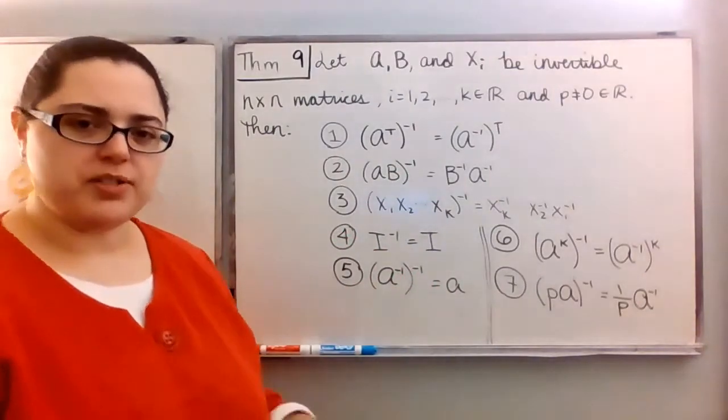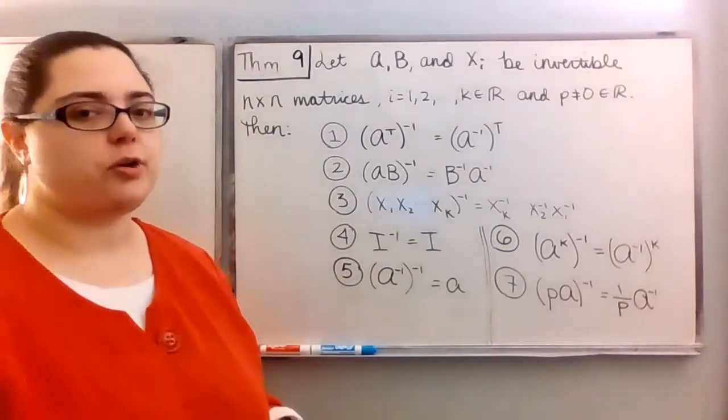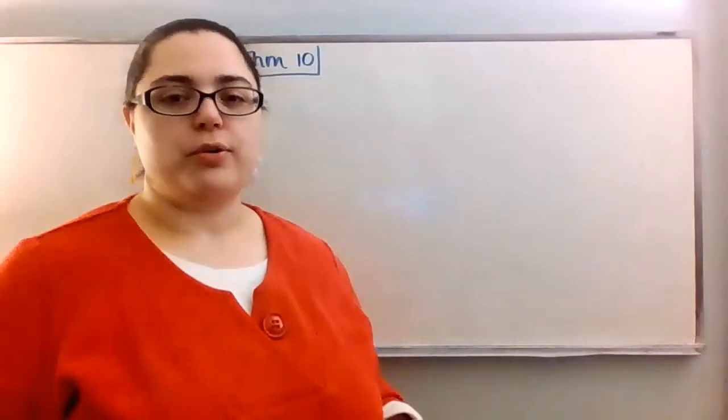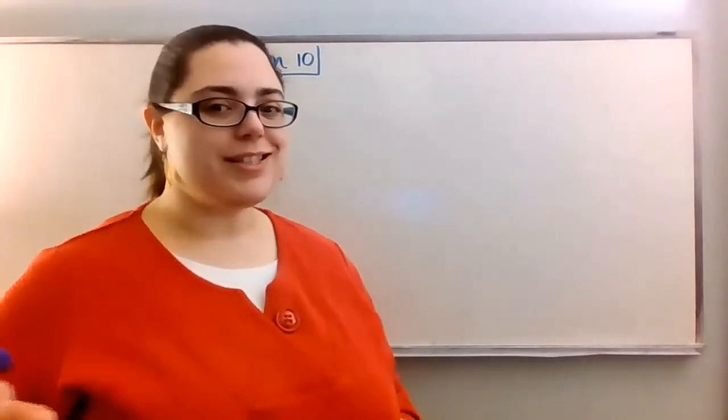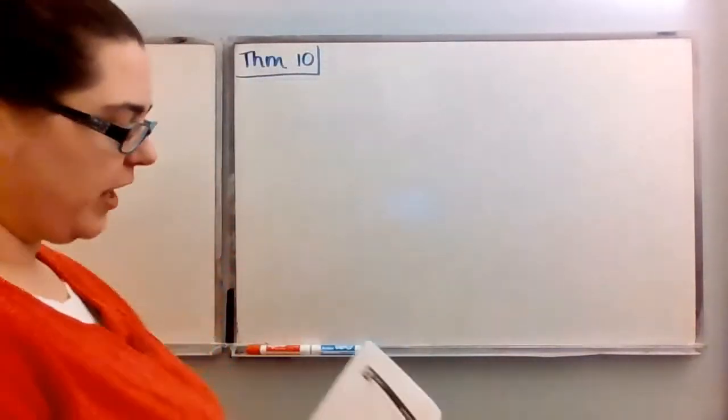So we'll do a few examples of applying these in a moment, but let's get all the theorems out of the way first. So we're going to put theorem 10 and 11 on the board next. Theorems 10 and 11 are less list-like and more sentence-like. So let's start out with theorem 10.